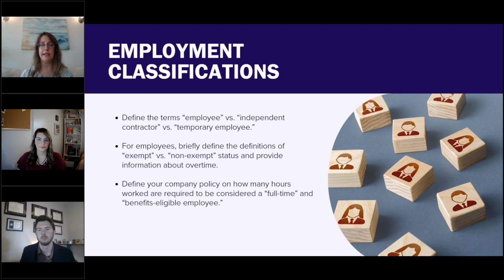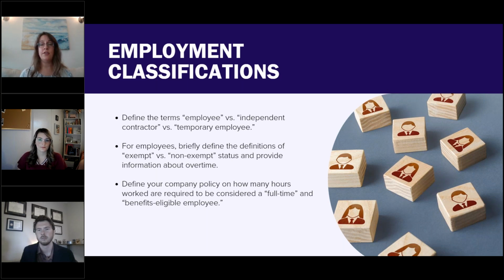And 3, define your company policy and how many hours worked are required to be considered a full-time and benefits eligible employee. This one is not required by law, so it's up to each company to decide this for themselves. But once you make the decision, you need to implement it for everyone. For example, you may say that an employee must work 32 hours a week to be considered full-time. This is important to explain up front because typically full-time staff receive those extra benefits such as paid time off, paid holidays.